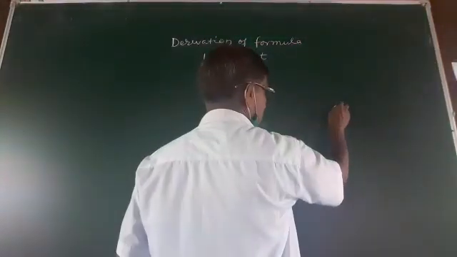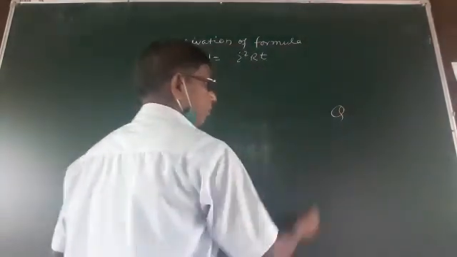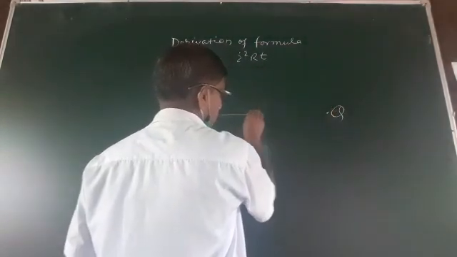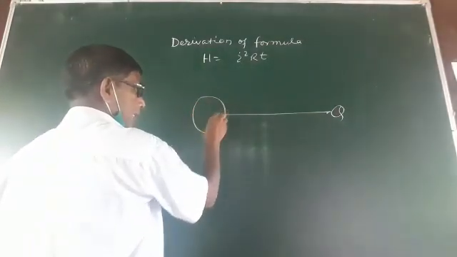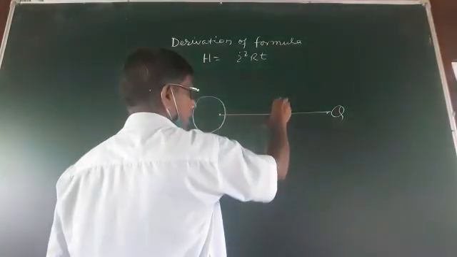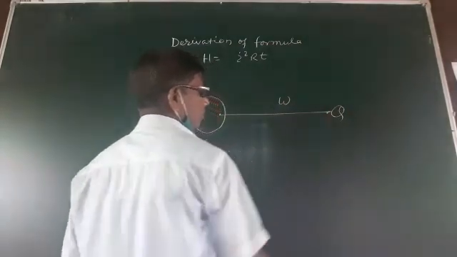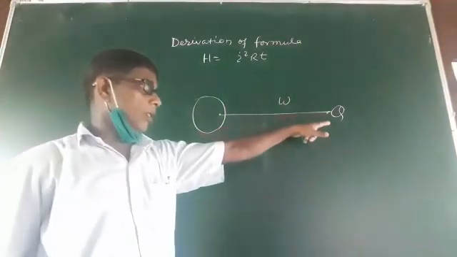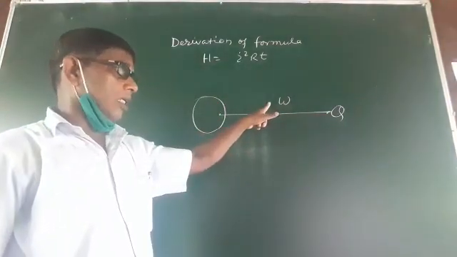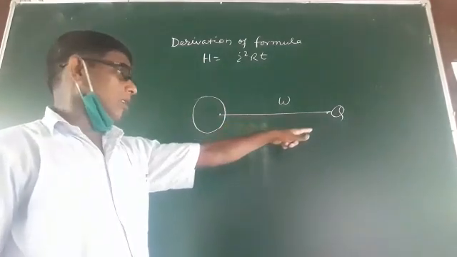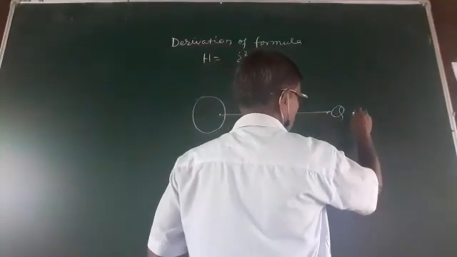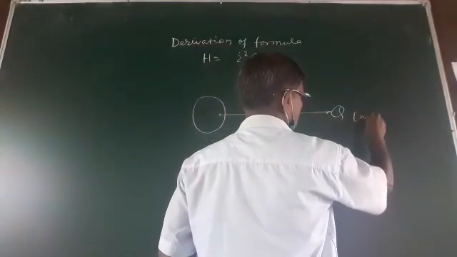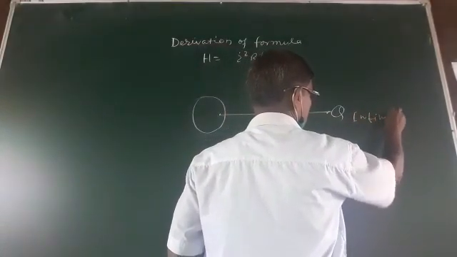Here is a charge Q at infinity, and it is to be brought into the electric field at any point, and the work done is W. Work W is done in bringing the charge from infinity to a point A, B, C. Any point may be there.